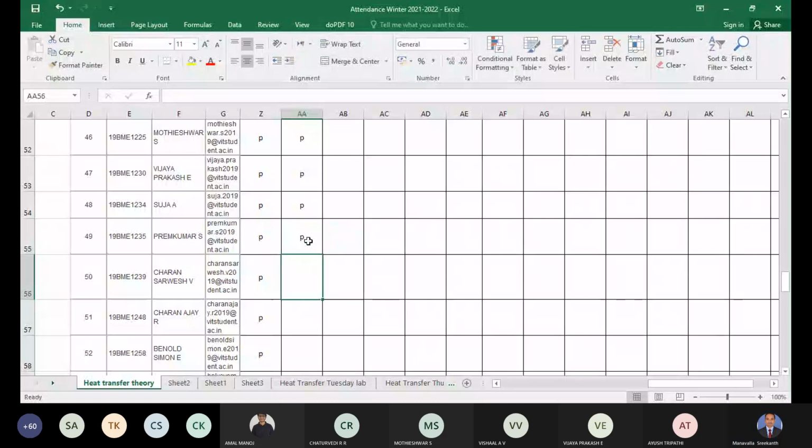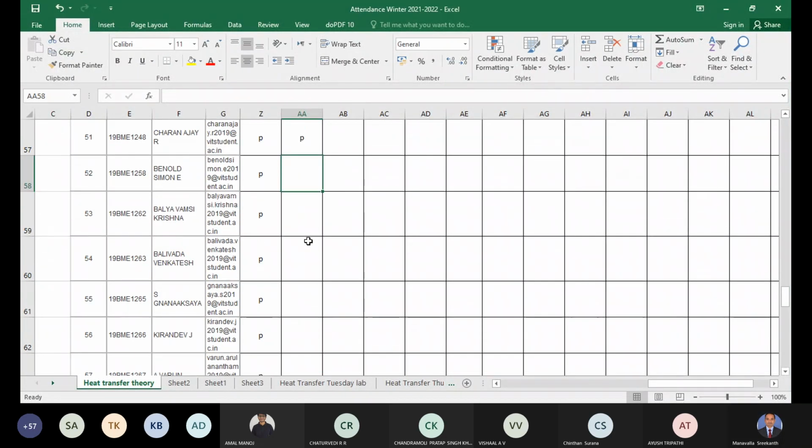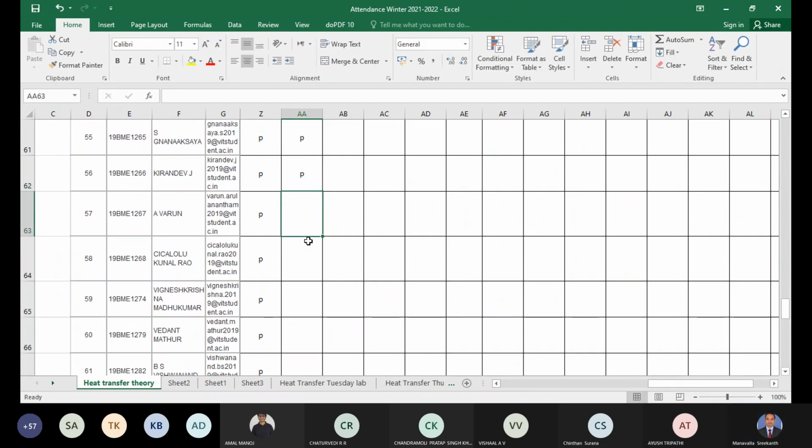Karan Sarvesh, present, sir. Karan Ajay, present, sir. Paul Simon, yes, sir. Shreya, present, sir. Kunal Rao, present, sir.